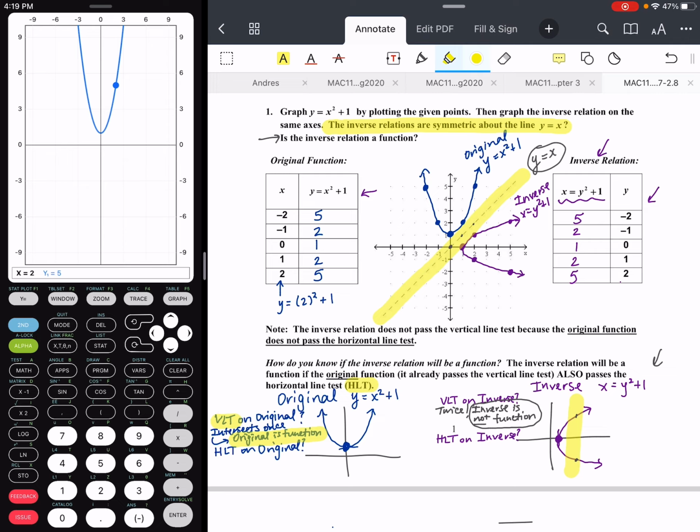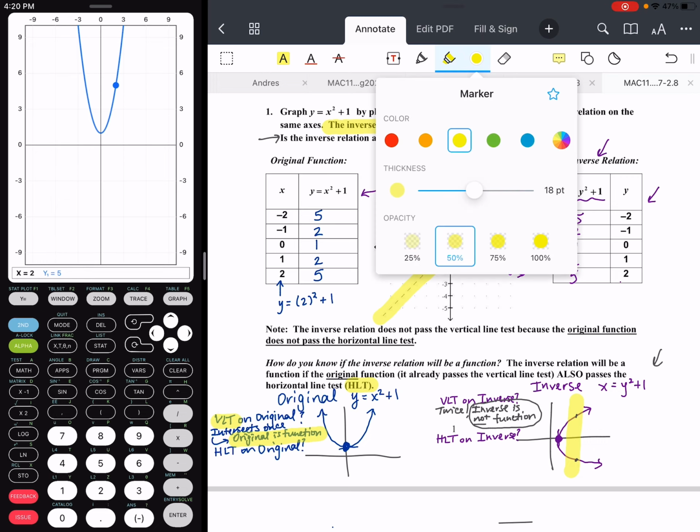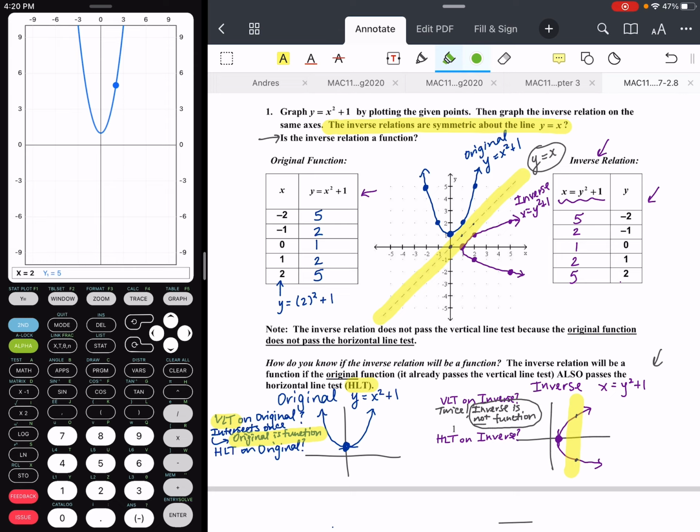So before we even graph our inverse relation, what we can do is apply the horizontal line test to the original function. It's just like the vertical line test, only I'm drawing a horizontal line. And you can see that one horizontal line hits my original graph twice.